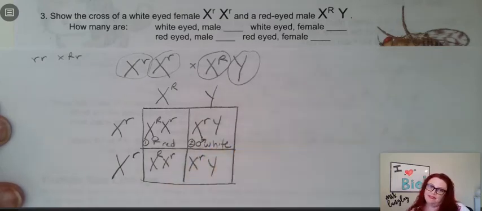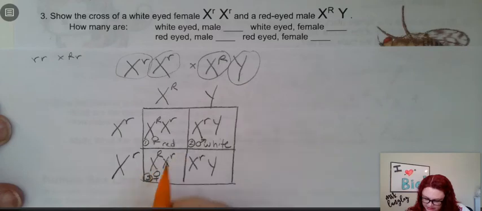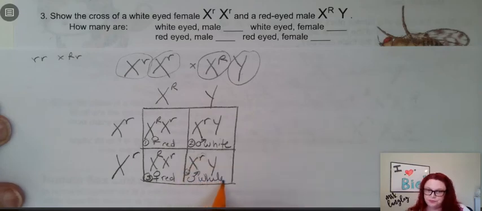And the Y doesn't have anything. Box 3, I have an X and an X, so that tells me again female and heterozygous, so that is red. I have an X and a Y for box 4, so this is male. I have a lowercase r, that tells me this is white.